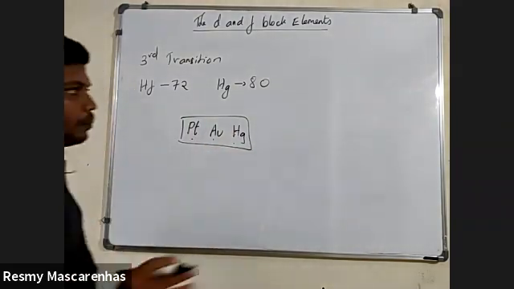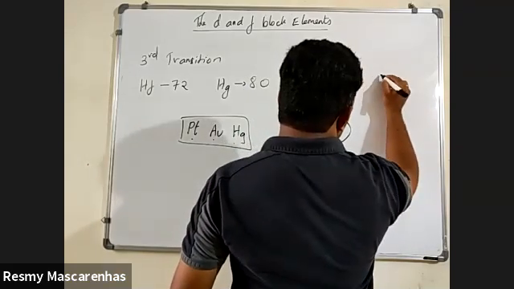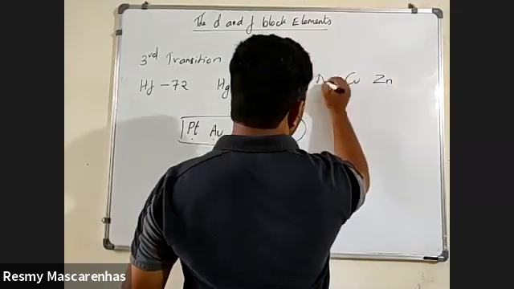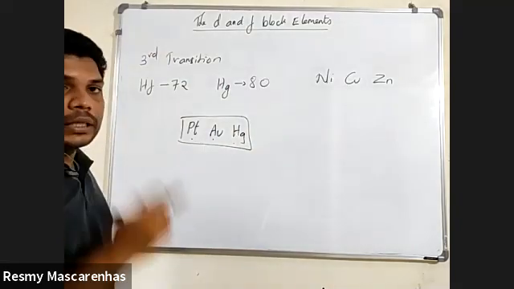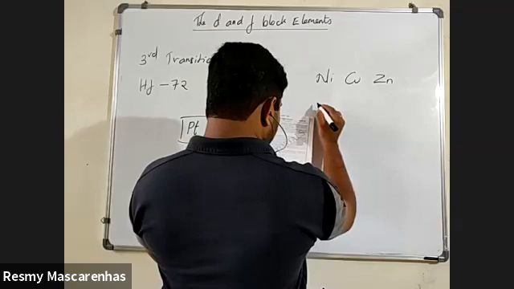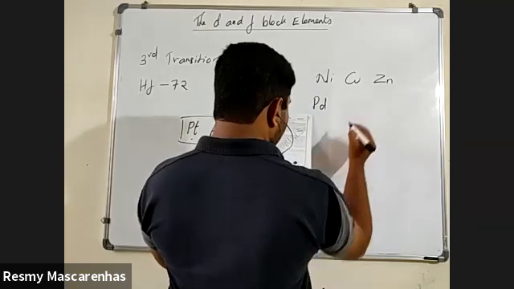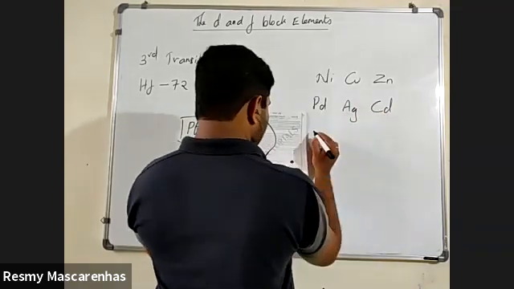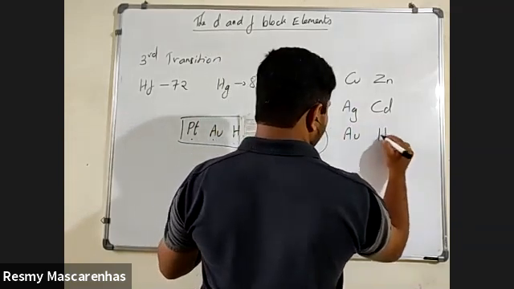So which elements are important, I will give you. Here I will give zinc, copper, nickel. Focus here. Nickel, copper, zinc. Same way for the second transition series, it is Pd, Ag, cadmium, and same way it is platinum, gold, and mercury.